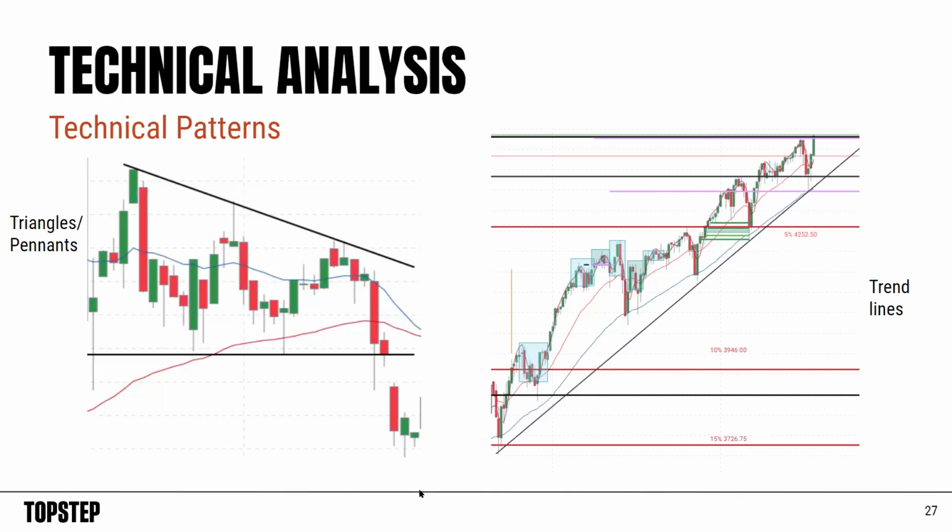Again, nothing has to happen. It gives us a visual where there is a relatively good probability that price will visit upon breaking out of this triangle or pennant formation.